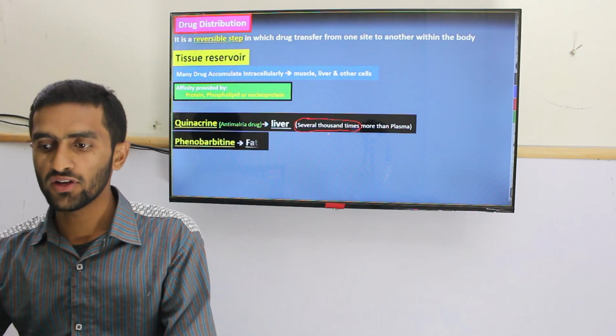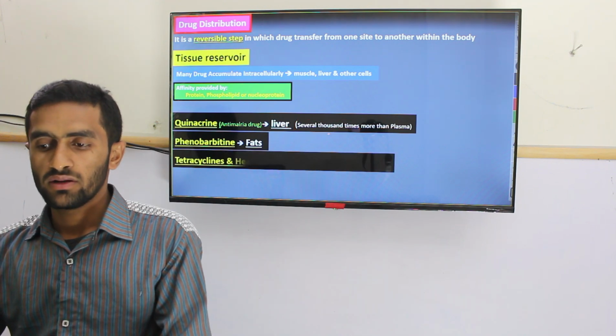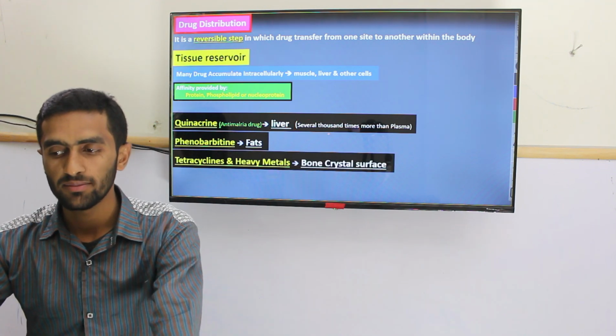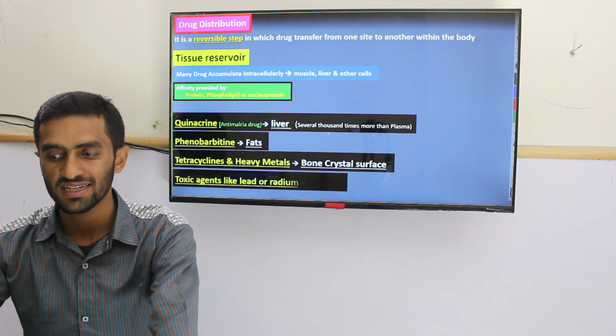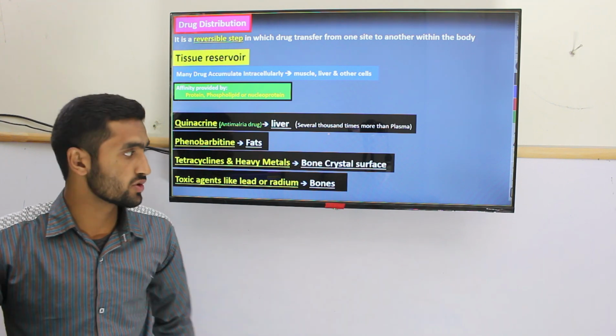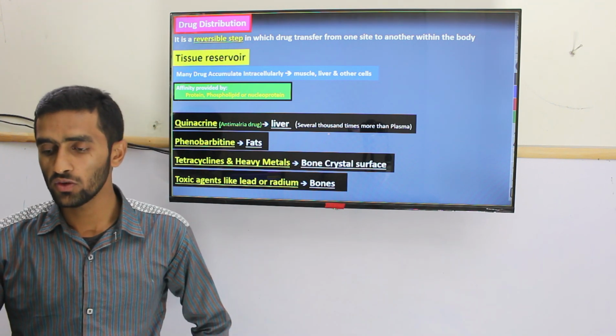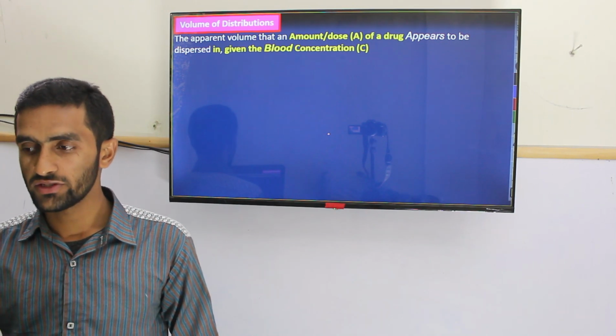Phenobarbital is going to be stored in the fats. Tetracycline and heavy metals are stored on the bone crystal surface. And toxic agents like lead and radium are going to be stored in the bone.